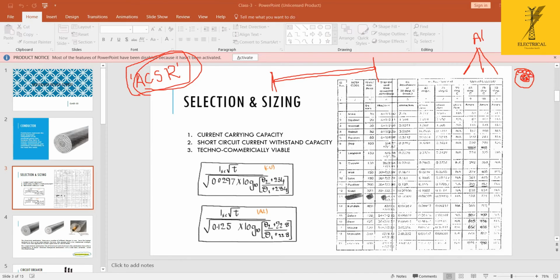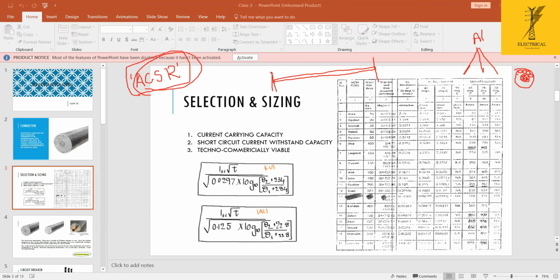With the steel content inside, the resistivity of this conductor is high. And this aluminum conductor steel reinforced can withstand low temperatures, up to around 75, 85, or a maximum of 90 degrees Celsius.